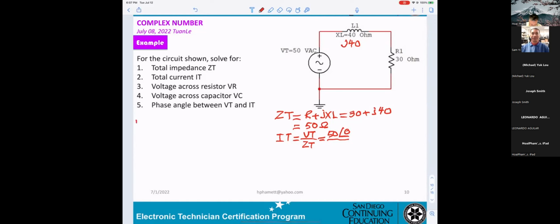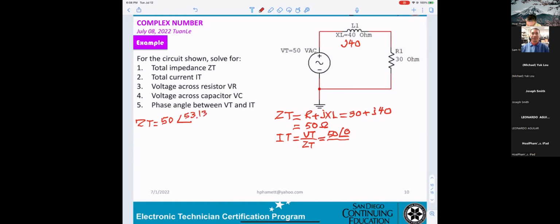Now, Z total, you can get 50, and the angle will be 40 divided by 50, right? What's the angle? Is it 53.1, 53 or something? 53.13, right.